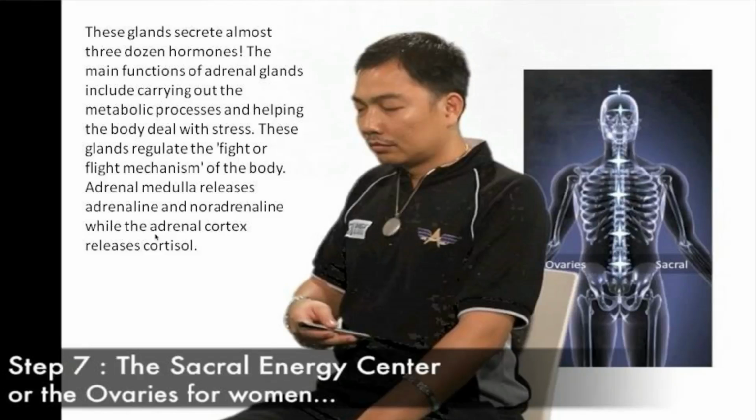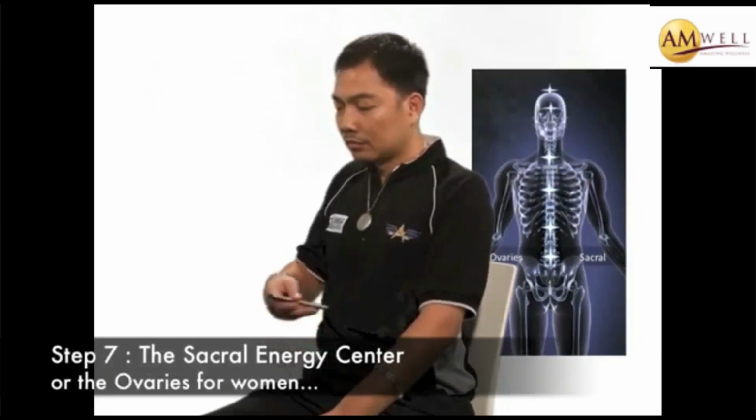These glands regulate the fight-or-flight mechanism of the body. The medulla releases adrenaline and noradrenaline, while the adrenal cortex releases cortisol. So this is the sacral energy center, step 7, a very important point. Again, note that particular area and start wanding it.